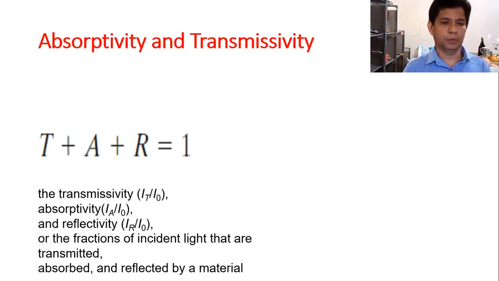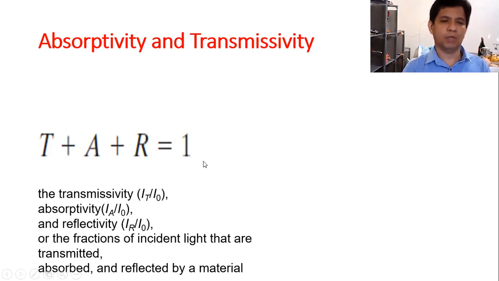So, if you define absorptivity as the fraction of light absorbed, I sub A divided by I sub O, that is absorptivity. And then transmissivity as I sub T divided by I sub O, and reflectivity as I sub R over I sub O, the sum of transmissivity, absorptivity, and reflectivity will be equal to 1.